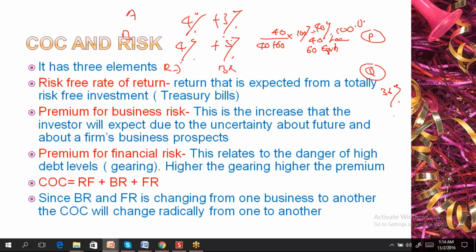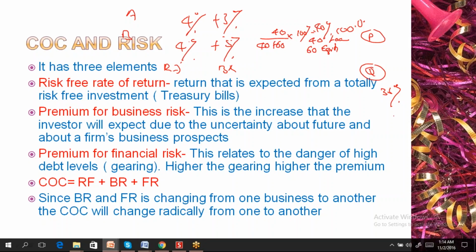Forget about the business risk; we are assuming both companies are the same for the moment. Yes, you have to pay more interest, so your cost of capital is going to be higher because this cost is tax deductible.